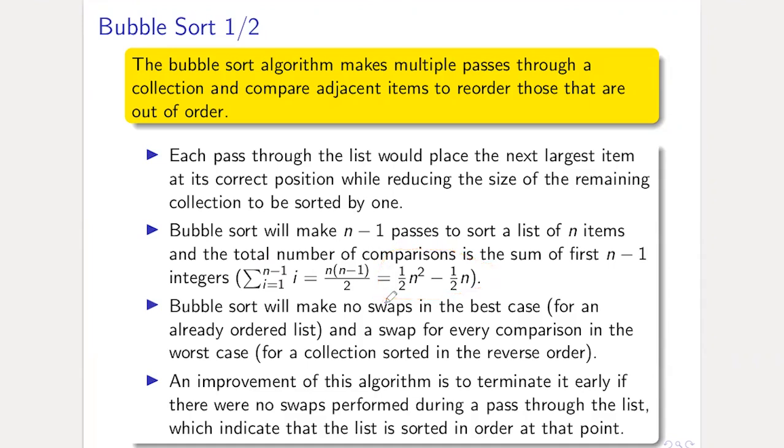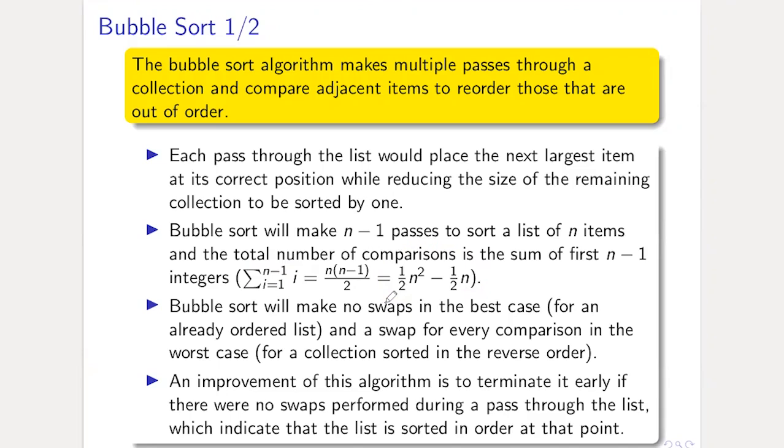Consider the scenario of an already sorted list. The list is already sorted, and you tell bubble sort to sort it. There won't be any swapping because it's already sorted. What is the worst case?